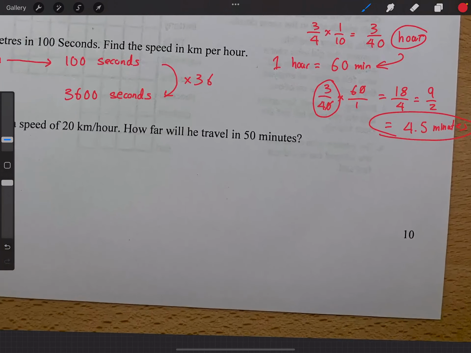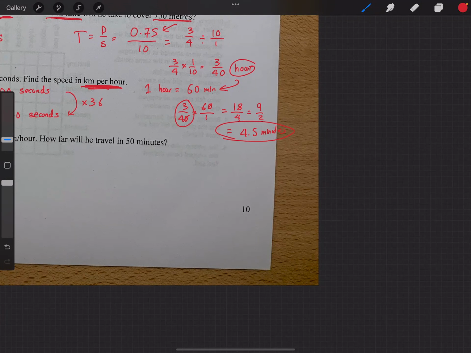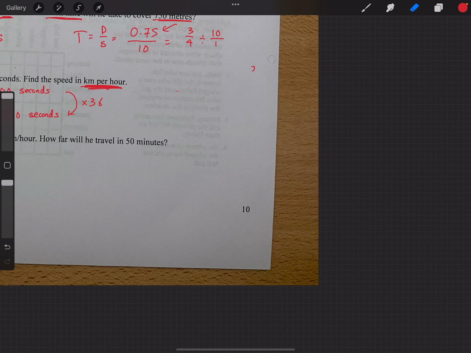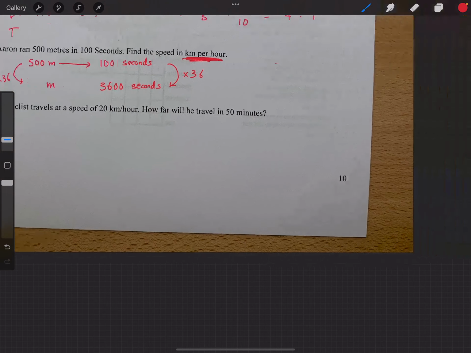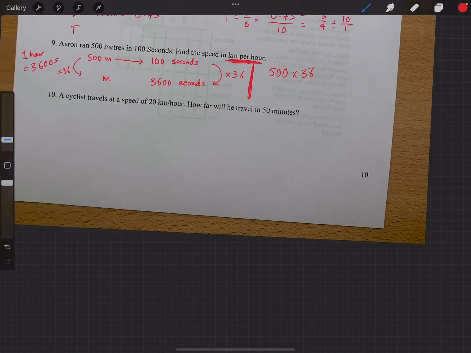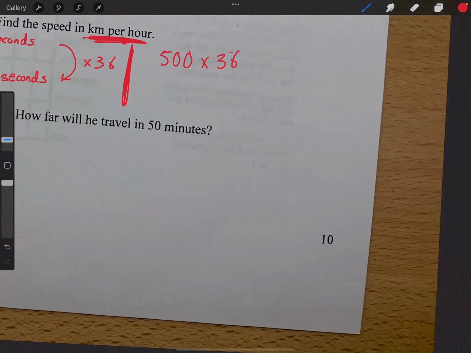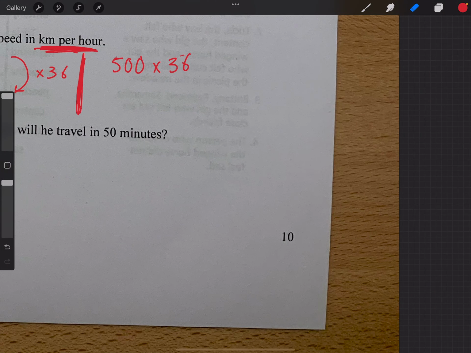But they want to find the speed in kilometers an hour. So let me just rub this out. Alright, so you're going to do 500 times 36, just like I said here, and you will get some big number, and this will be in meters.